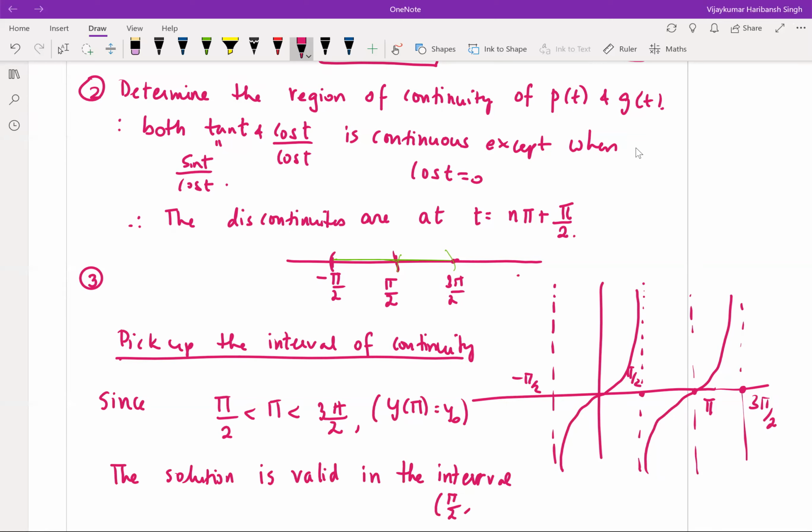Now suppose you're given that f and the partial derivative of f with respect to y are continuous on some rectangle where t is between alpha and beta and y is between gamma and delta. So what does it mean? Let me draw this.